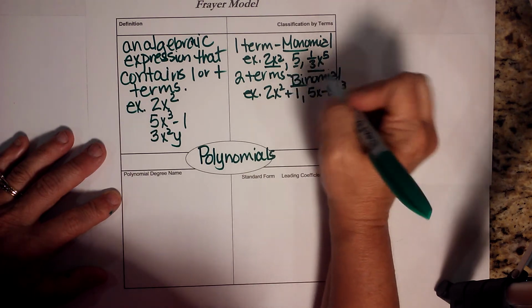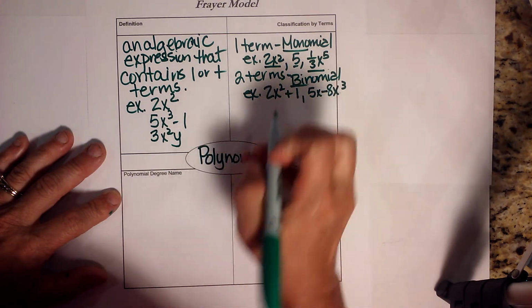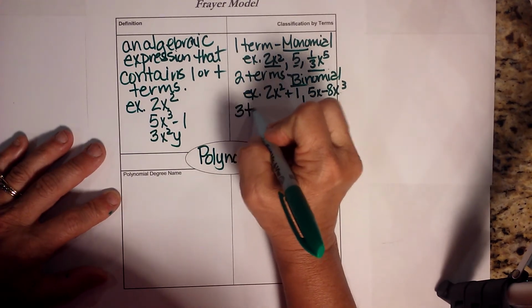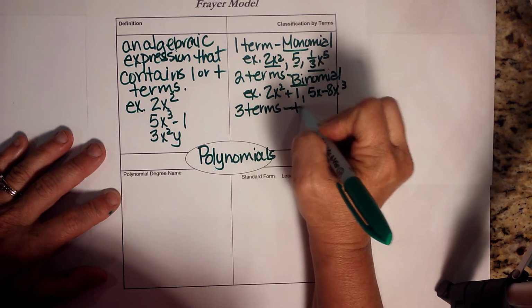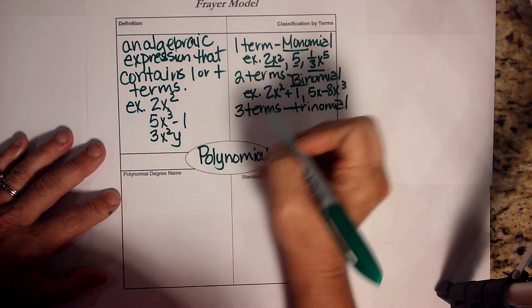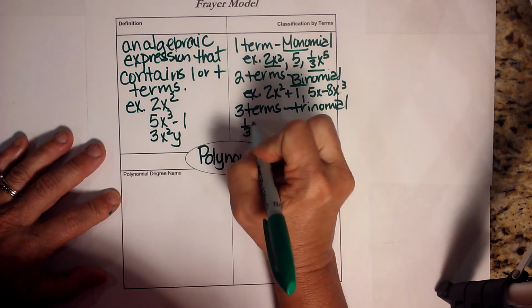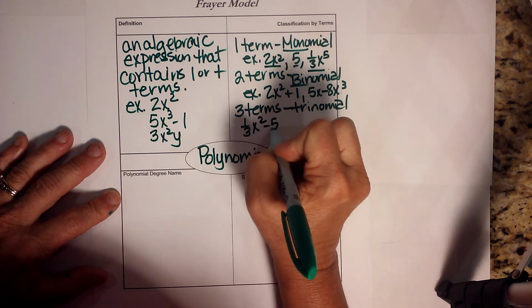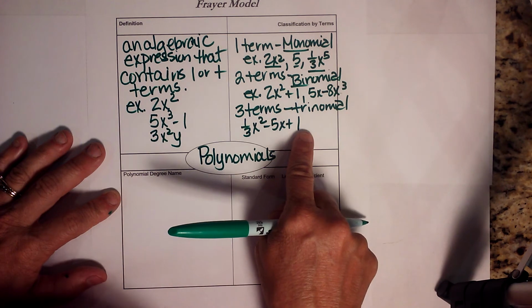That is a binomial because you're adding and subtracting with 2 terms. Okay, and the last one we're going to look at is 3 terms. If a polynomial has 3 terms, it's called a trinomial, just like a tricycle. So you're going to add and subtract 3 terms. So you might have 1/3 x squared minus 5x plus 1. That's an example of a trinomial.